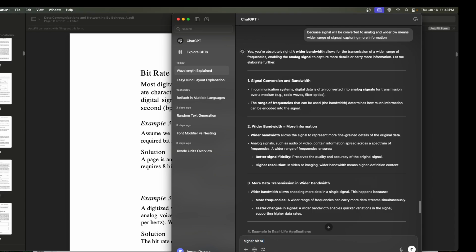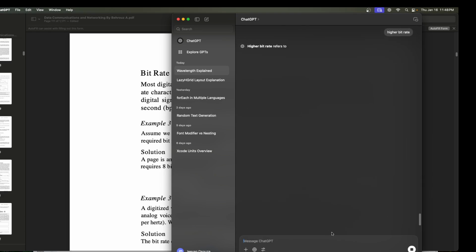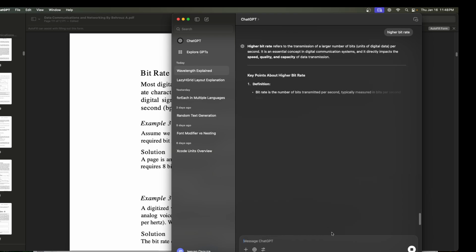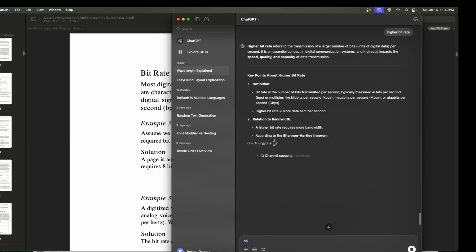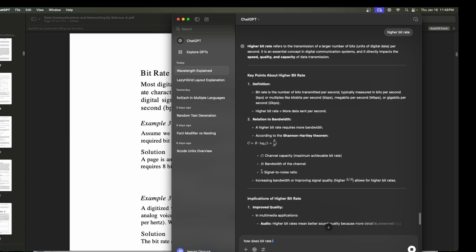A high bit rate means a larger number of bits per second. But then how does bit rate link to bandwidth?